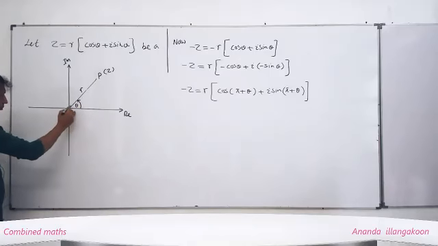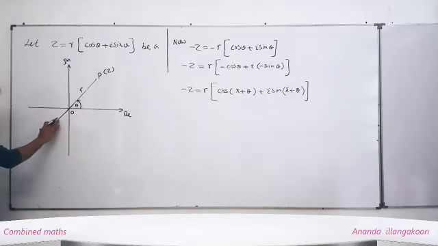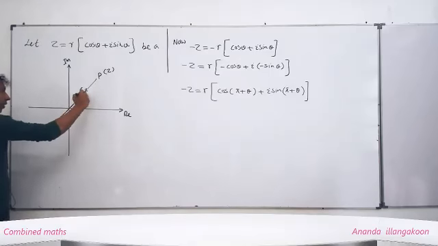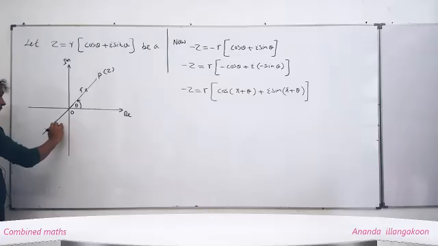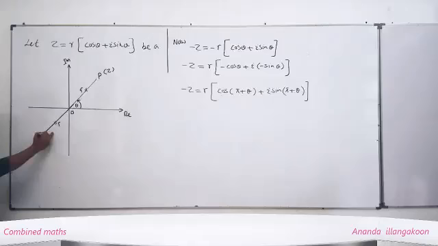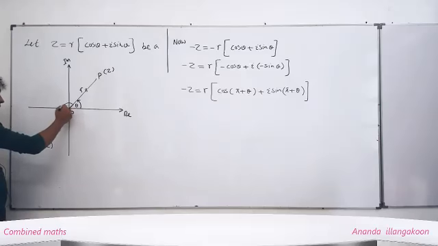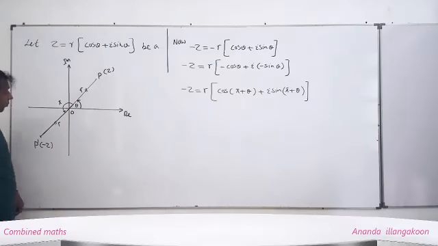The lengths are the same. This is minus z, P dash. This is pi now.